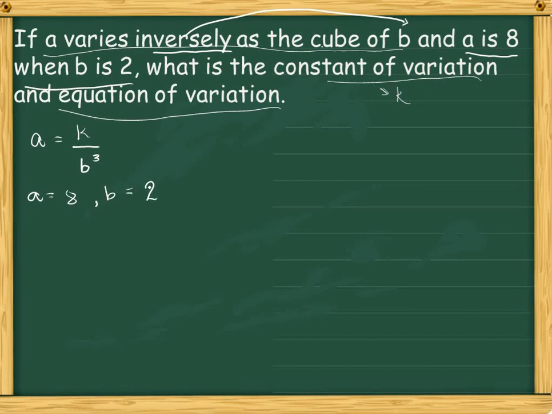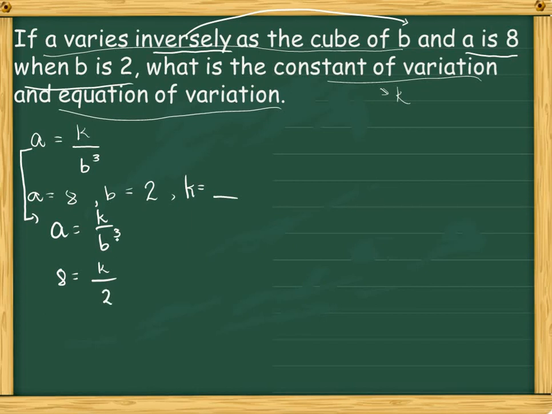Ano ang gamit ng second statement? Si second statement ay ginagamit para mahanap natin si k, or the constant of the variation. Paano mahanap si k? Let's use the original equation. A is equals to k over b cubed. Next, substitute lang natin yung value ni a. A is 8 is equals to k over b cubed, which is yung b is 2.